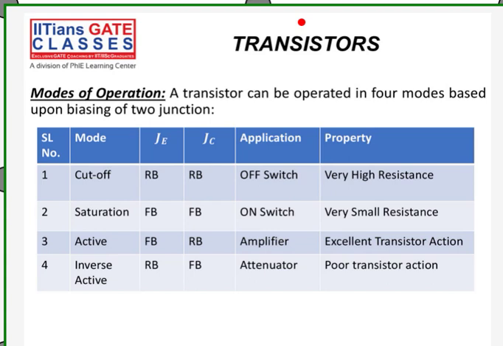And now we'll come to the transistor. The basic difference between these two devices is there is a controlling capability in the transistor. We can control the flow of the current through the transistor. But in diode, we cannot control. Once it is on, we can flow any amount of current.